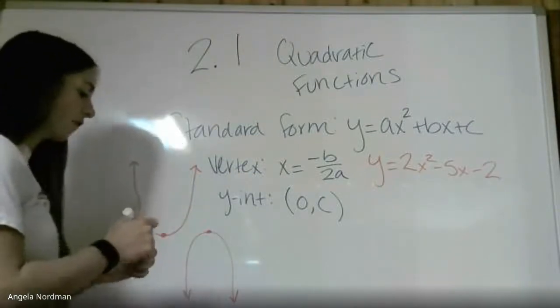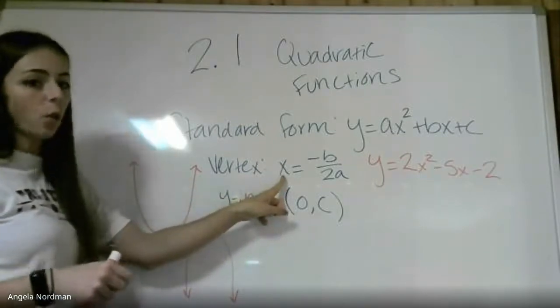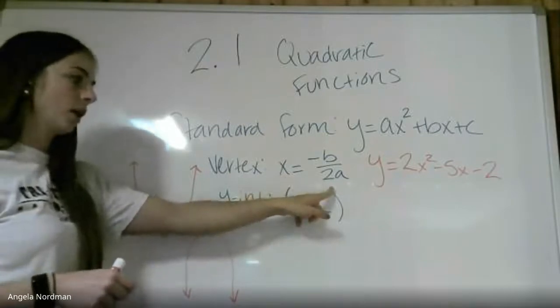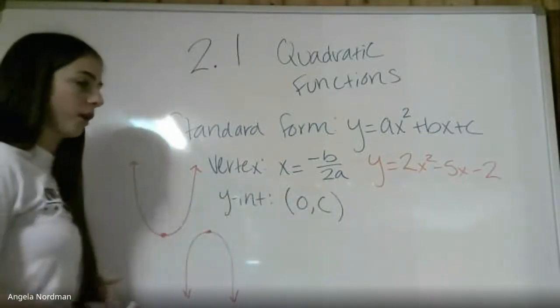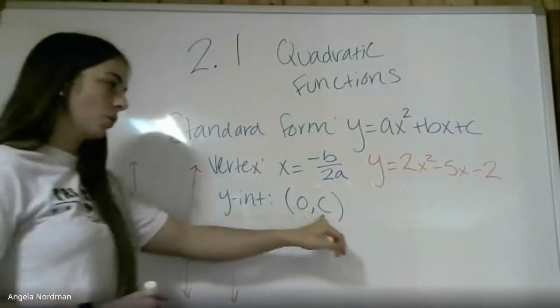So regardless, that vertex is either your maximum or your minimum, but to find just the x-coordinate, you use this formula. Then you would have to keep going in order to find your y-coordinate. The y-intercept is (0, c).